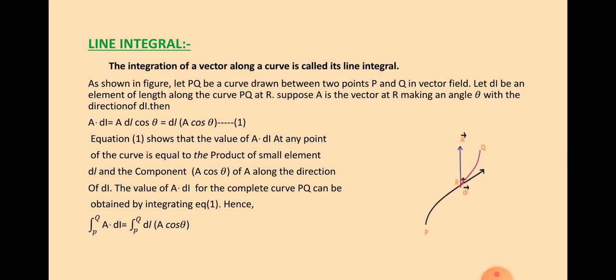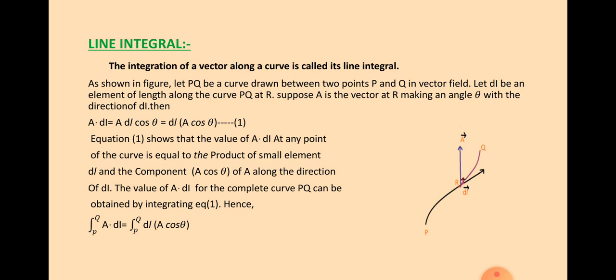The integration of a vector along a curve is a path. Like here, if you see the picture, there is a path between P and Q, which is a curve drawn between 2 points P and Q in a vector field.